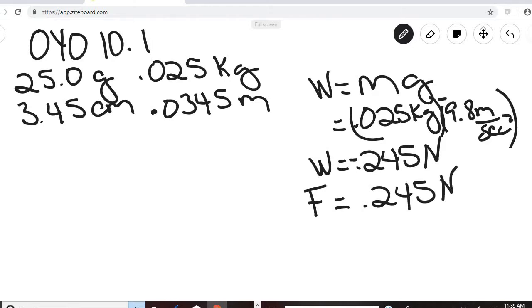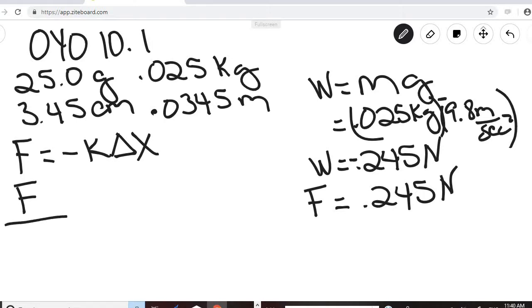Okay, so now we have everything that we need to calculate the strength of the spring, or K. We know that F is equal to negative k times the displacement. So F divided by delta x will give us negative k. The restoring force we just said was 0.245 newtons.